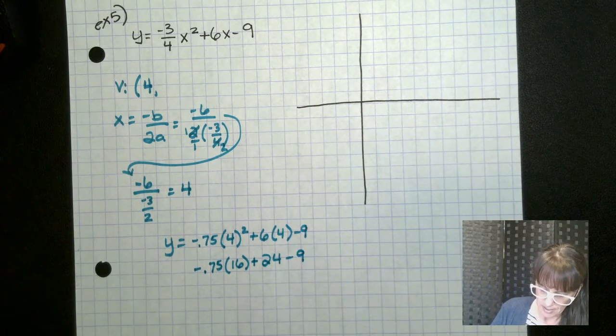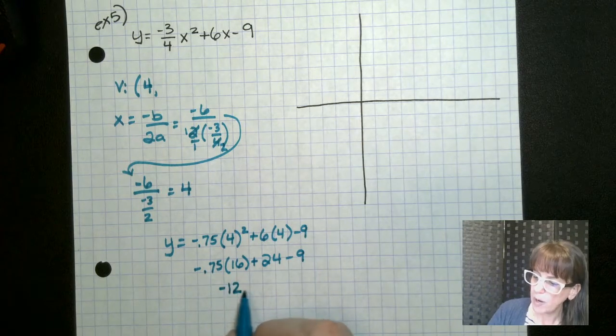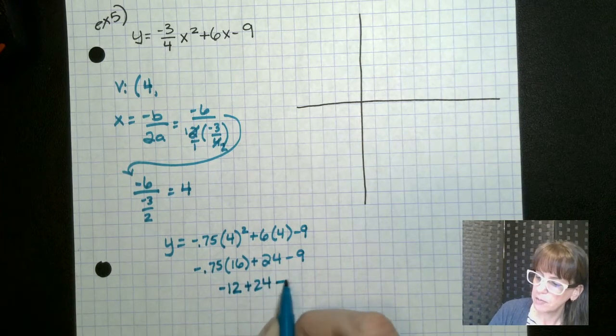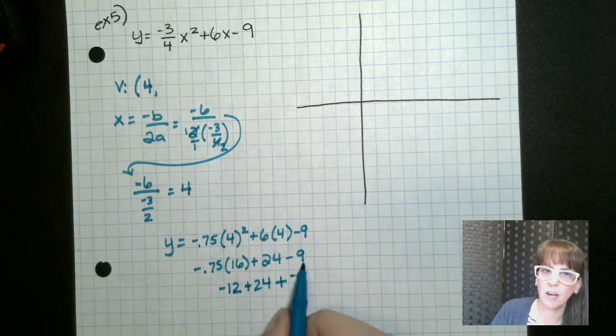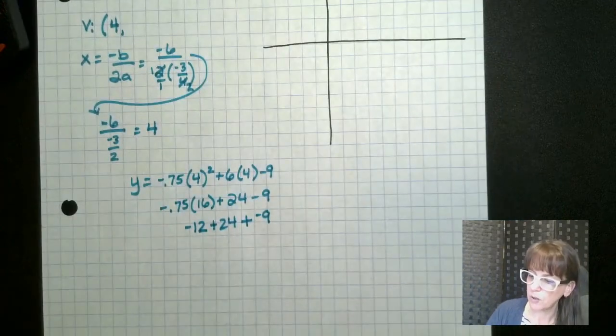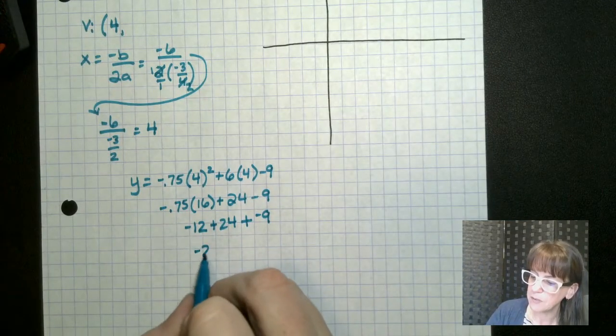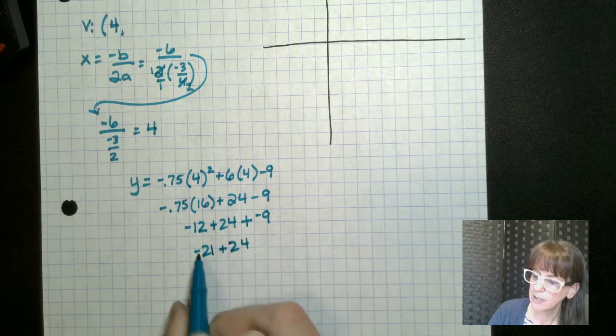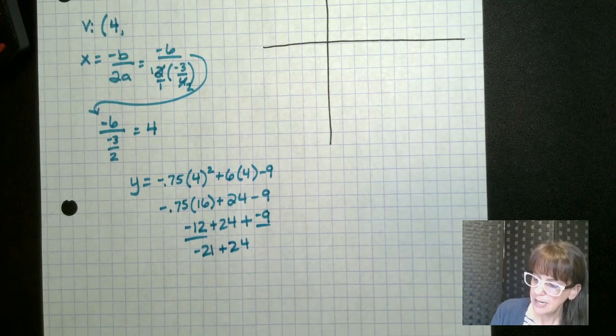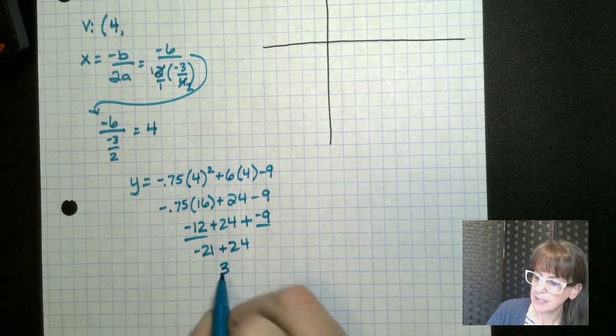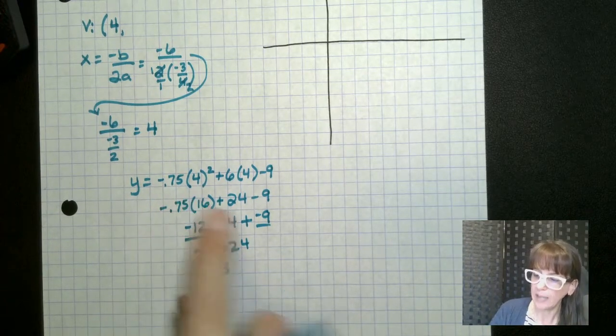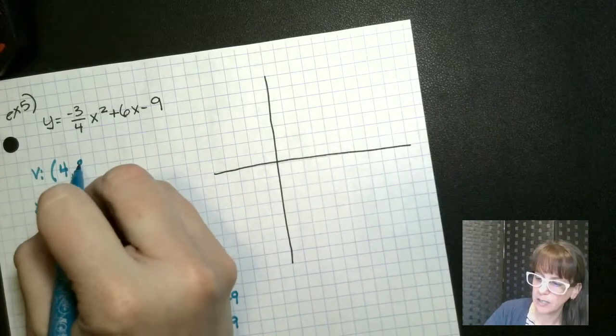If we do that, this is going to be negative 12 plus 24 plus negative 9. I just added the opposite there. So that's negative 21 plus 24. I just added my negatives together. And then I get positive 3. So when x is 4, I get 3.